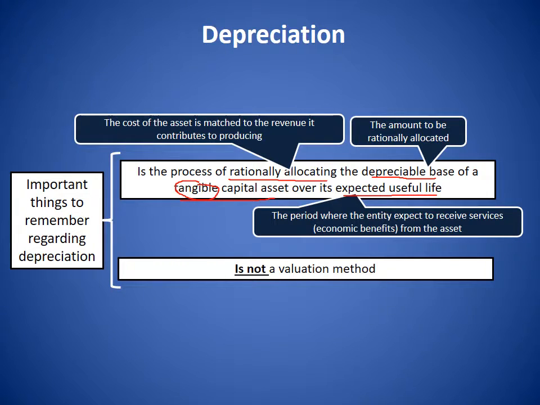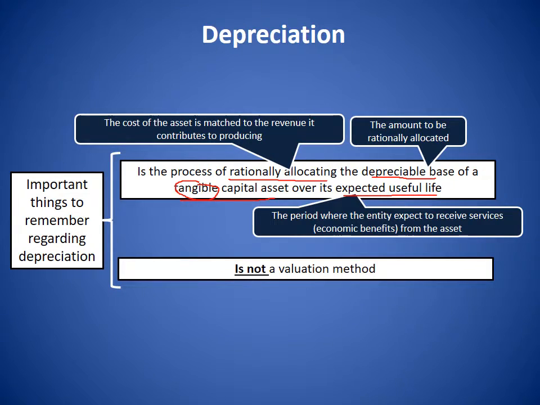That means that's depreciation. If it was an intangible capital asset, it would be amortized. If it was a wasting natural resource, it would be depleted. So you need to make sure that those terms are used correctly by yourself if there are any questions about them in the exam.